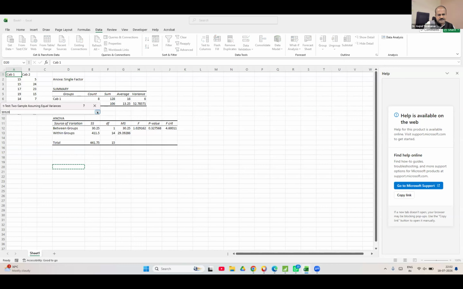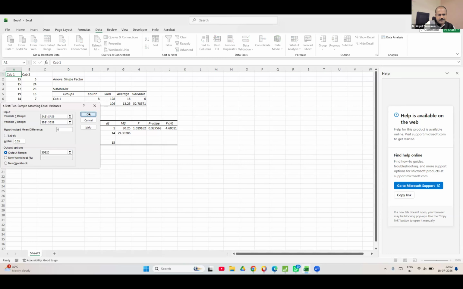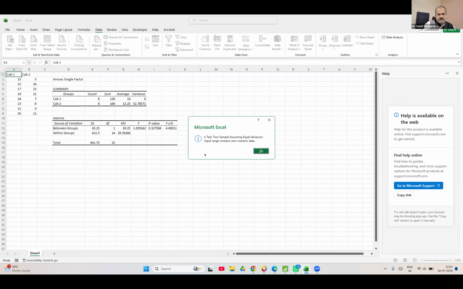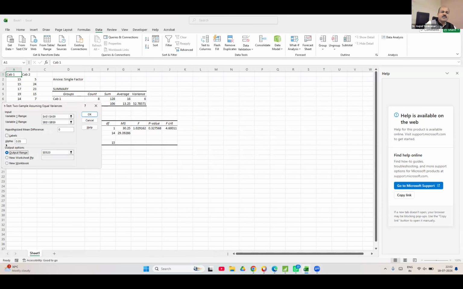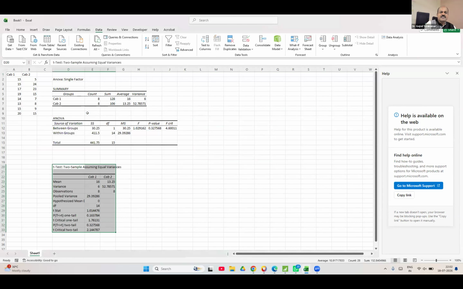That's all. Go and give okay. What is the problem? Input range contains non-numeric data. Why? You have not clicked the labels box. Label box not ticked. Yes, correct. Tick labels. Now give okay again. Very good.